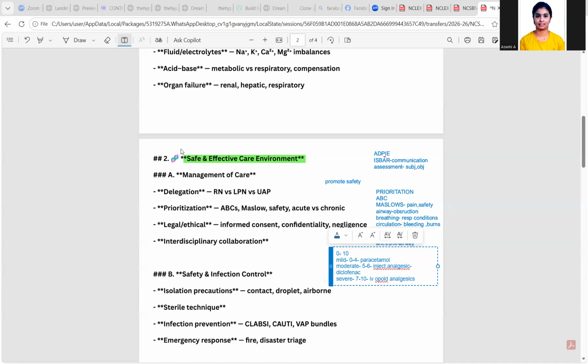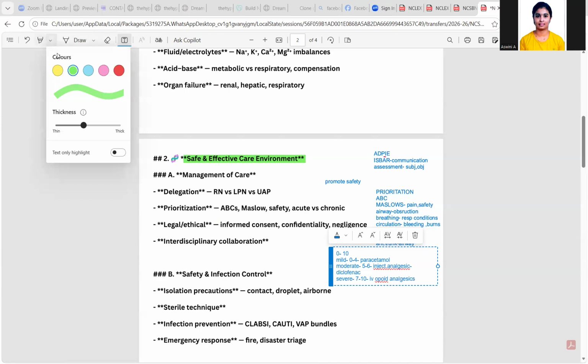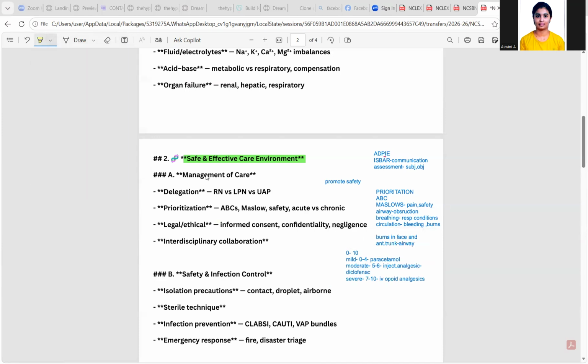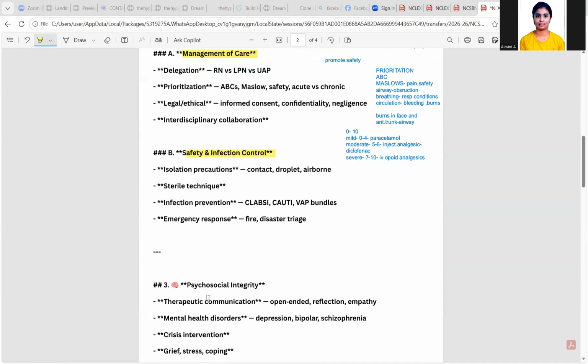So the second criterion is safe and effective care environment. In that, the first one is management of care, that means how we are managing the client. The next one is safety and infection control. The third one is psychosocial integrity, meaning all the mental health related topics come under psychosocial integrity.